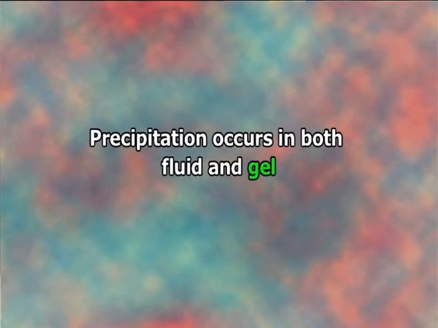Precipitation in gel. There are several advantages in allowing precipitation to occur in a gel rather than in a liquid medium. The reaction is visible as a distinct band of precipitation, which is stable and can be stained for preservation if necessary.